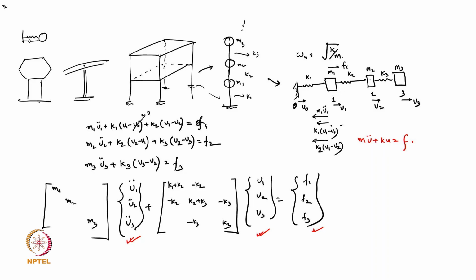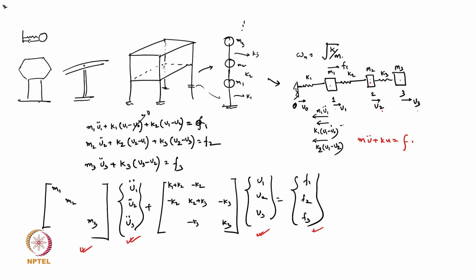Now, one important point is that making the mass matrix is not difficult, because wherever we have masses, we need to assign a degree of freedom. For example, we have a mass m1 here, we assign it u1. We have a mass m2, we assign u2. We have a mass m3, we assign u3.